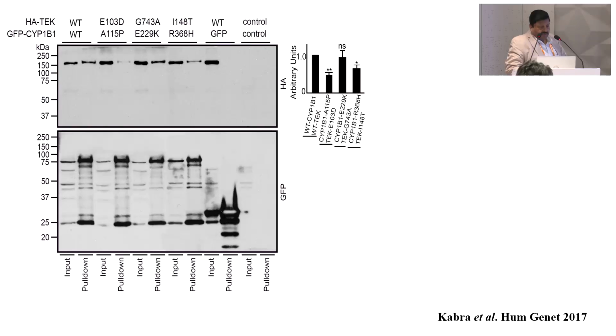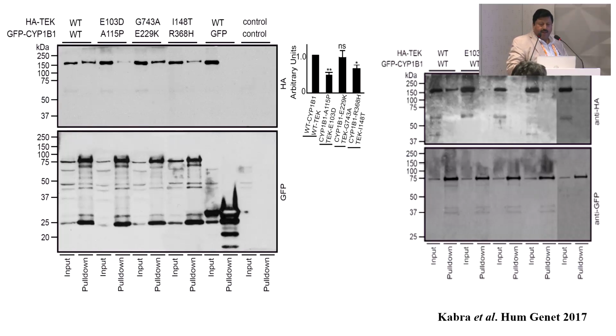In wild type, TEK and CYP1B1 interact together, whereas when the mutations were created, those interactions were perturbed, which could contribute to the phenotype. On the other hand, the wild type and heterozygous component of one of the genes do not show such interactions.